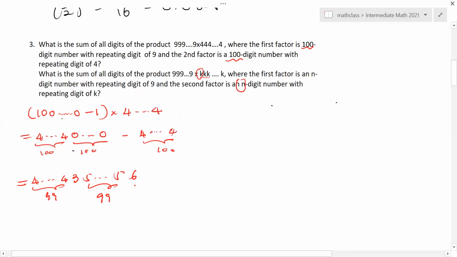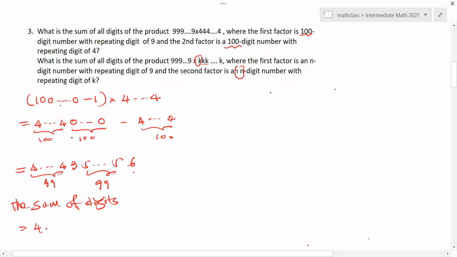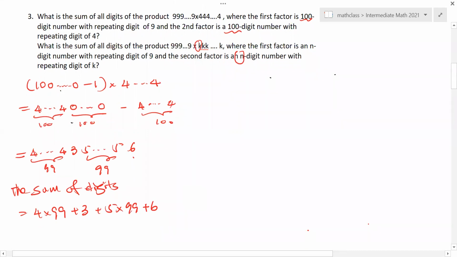Once you get this, then you can add them together, the sum of the digits. Then you can get 4 times 99 plus 3, plus 5 times 99 plus 6, and then just add them together.